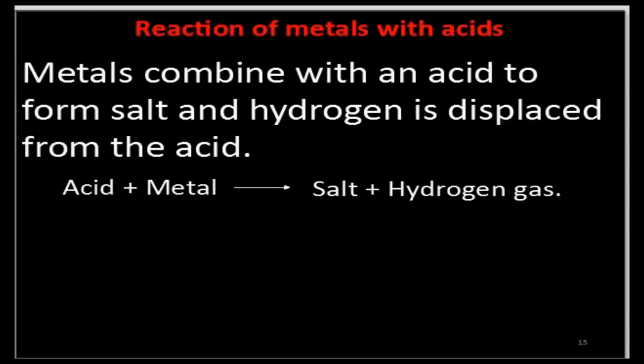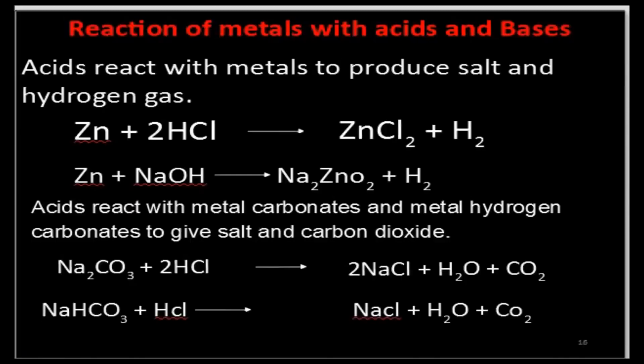So from this it is understood that when a metal combines with an acid, it liberates hydrogen gas and forms salt. So here is a word equation: acid plus metal gives salt plus hydrogen gas. Here is the same chemical equation.